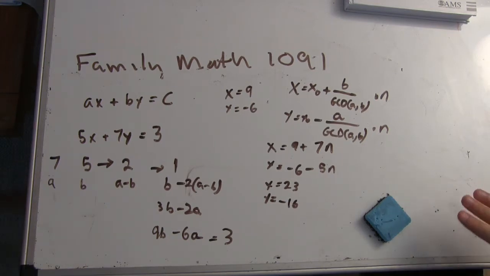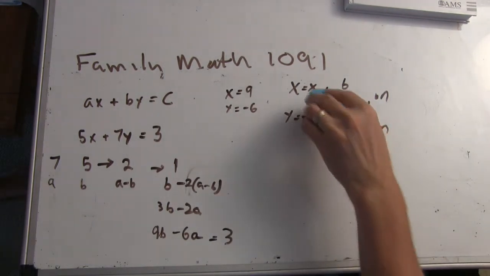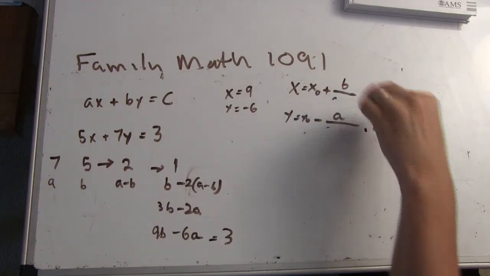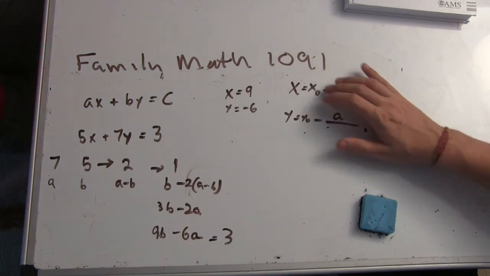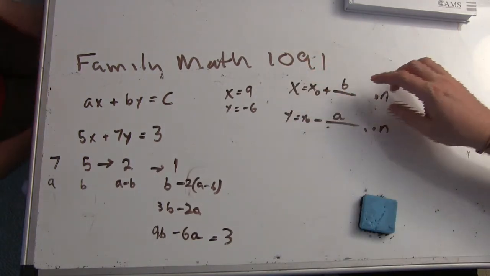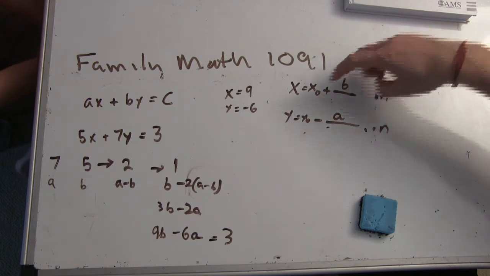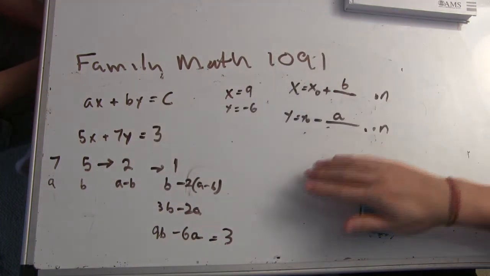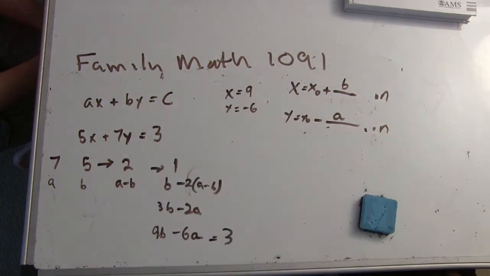Can you explain why, in that case, when the greatest common divisor is 1, once I have found an initial solution, in this case 9 and minus 6, when I add b times n to the part associated with a, I guess that's what a is associated with, x, and I subtract a times n to the y part, why do I produce a new solution?